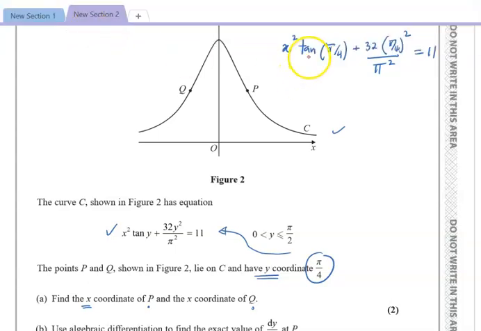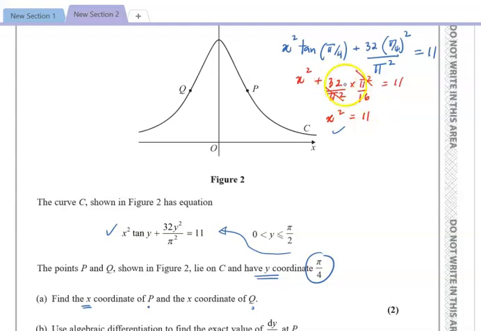Then what you know is that tan of pi by 4 is just 1. So that is x squared plus 32 over pi squared, multiplied by pi squared over 16, equals 11. So this pi squared is going to cancel, and I have x squared plus 2 equals 11.